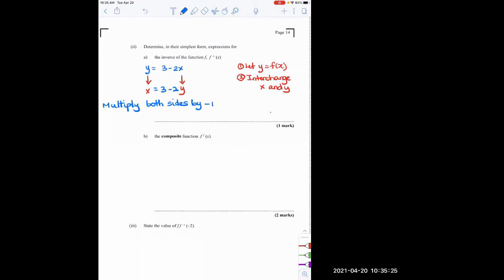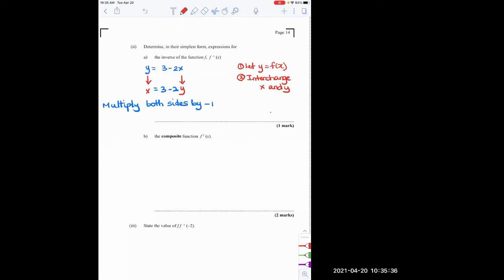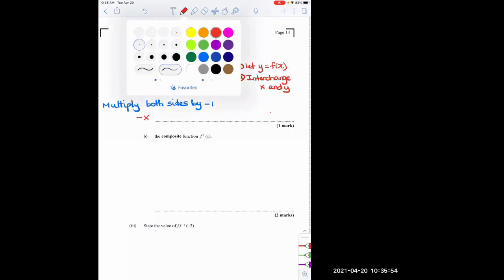Are you all finished? Yeah, miss. So what do you have on the left-hand side? -3. No, you're multiplying both sides by -1. So what do you have on the left-hand side? Negative x. Negative x, yeah.